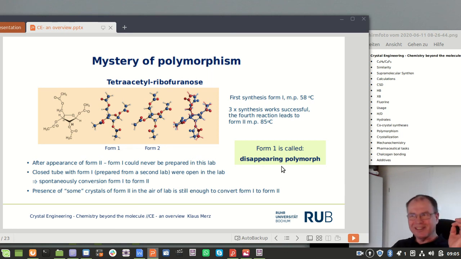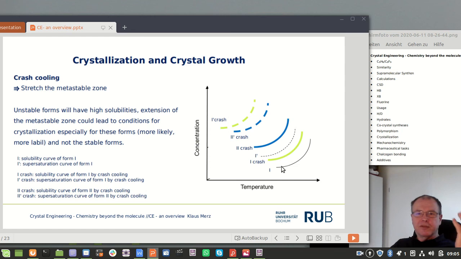Disappearing polymorph. When we talk on general crystallization, different crystallization methods, we talk about the importance of a metastable zone. How you can enlarge the metastable zone, how you can use the metastable zone.